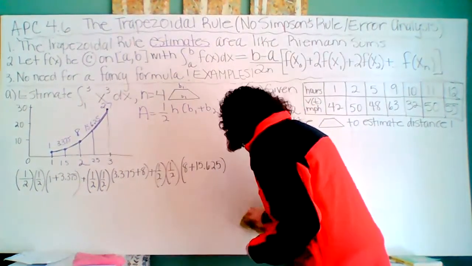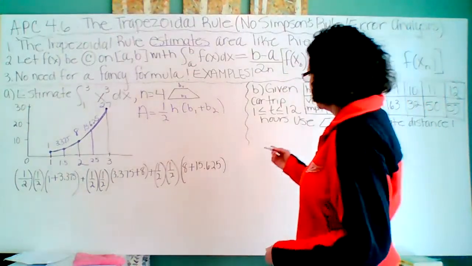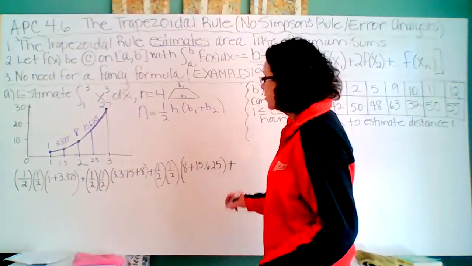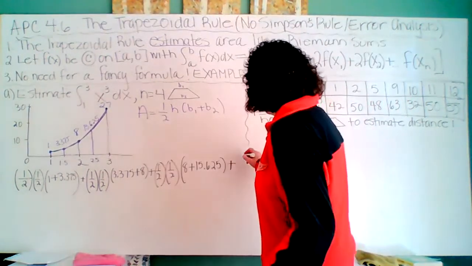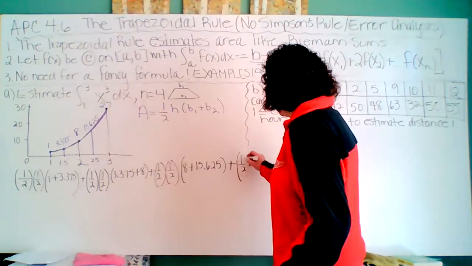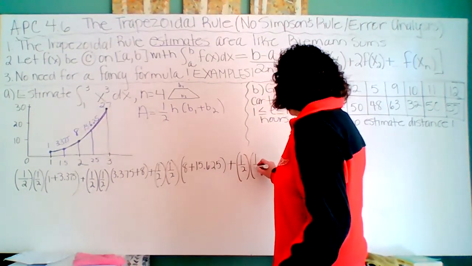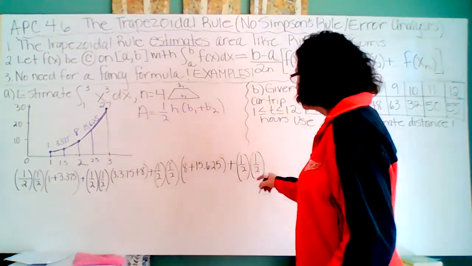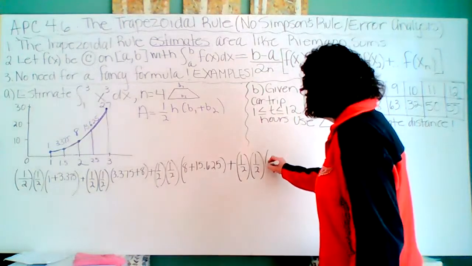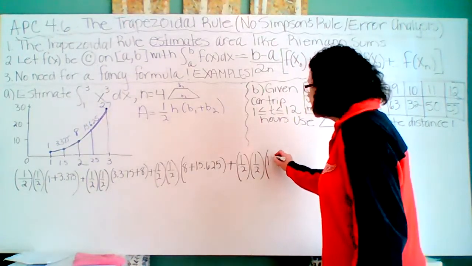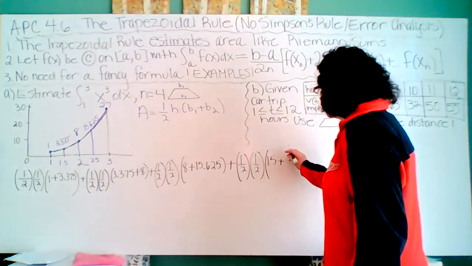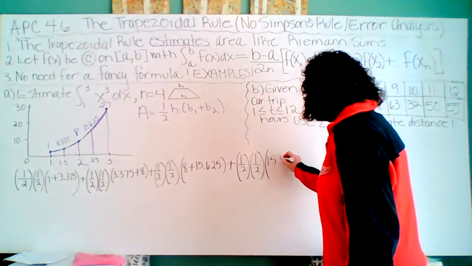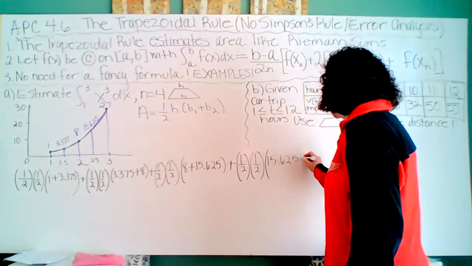That's okay, because it really helps to see it all in a line. The fourth trapezoid then, right, 1/2 part of the formula, 1/2 is the height, 15.625 plus 27.